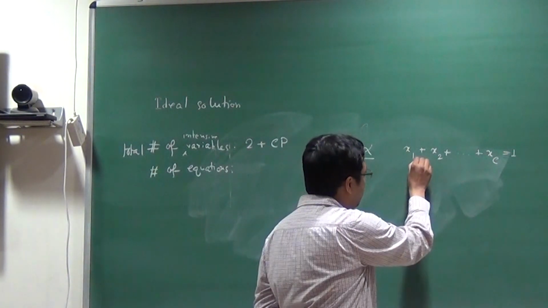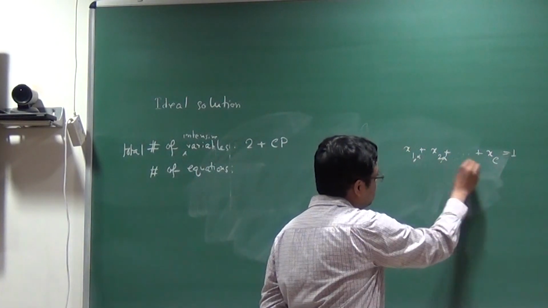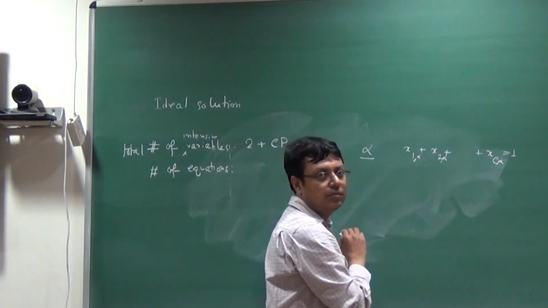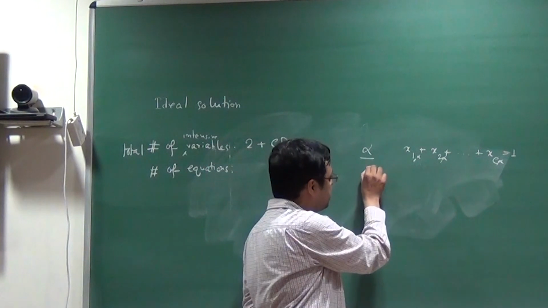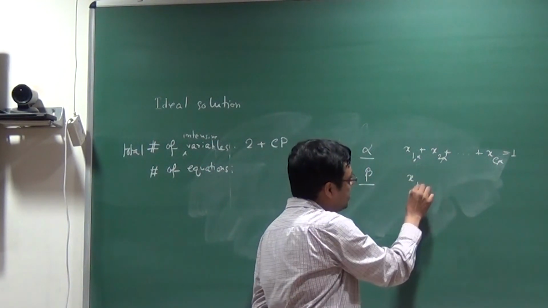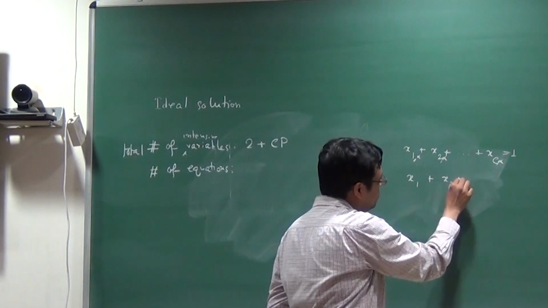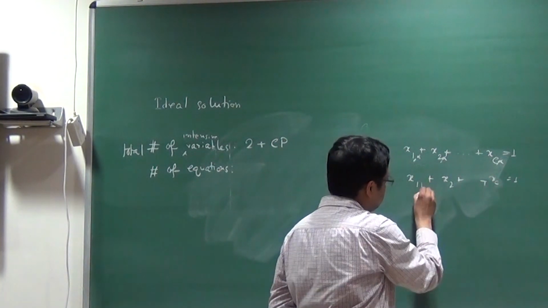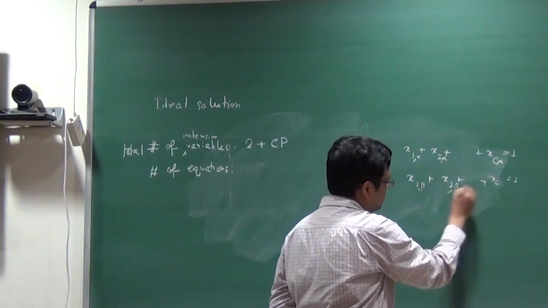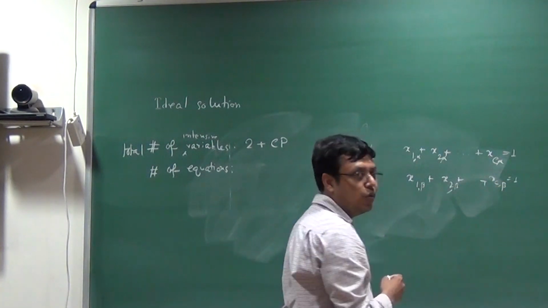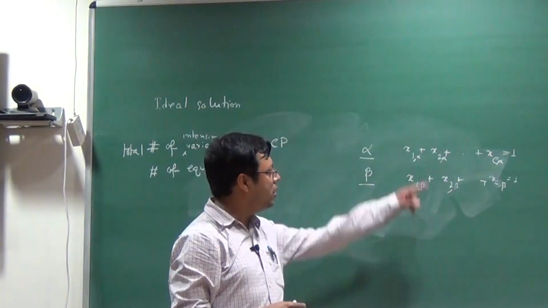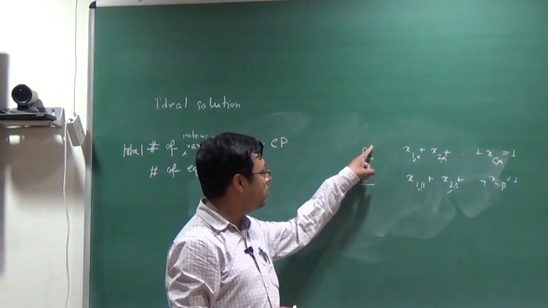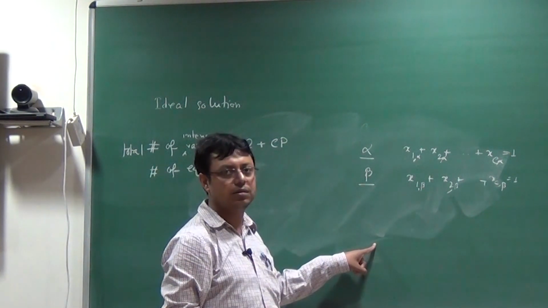Similarly in the beta phase, the mole fractions of all the components are connected. So the number of equations is equivalent to the number of phases.